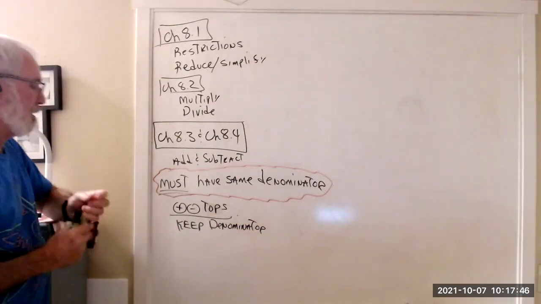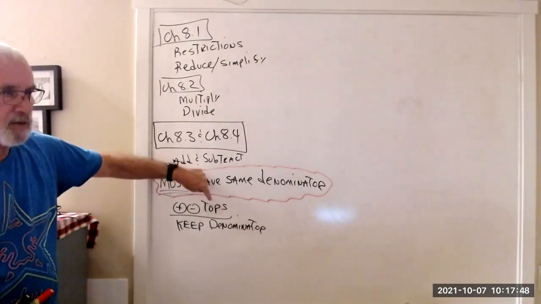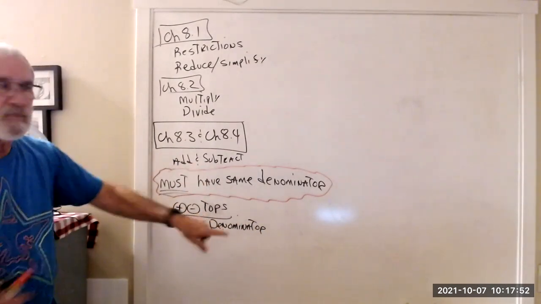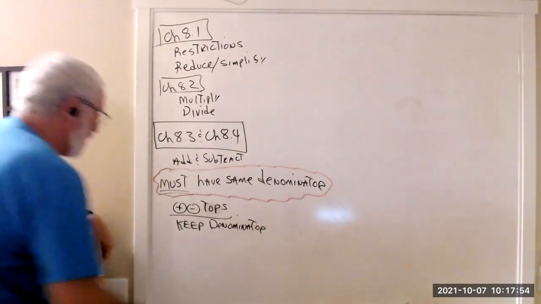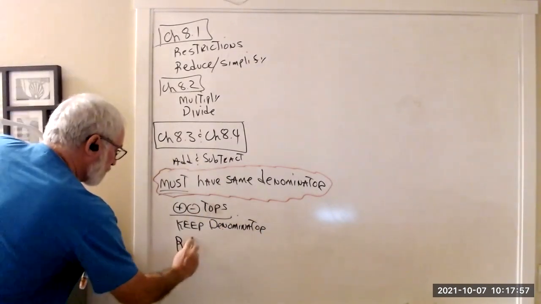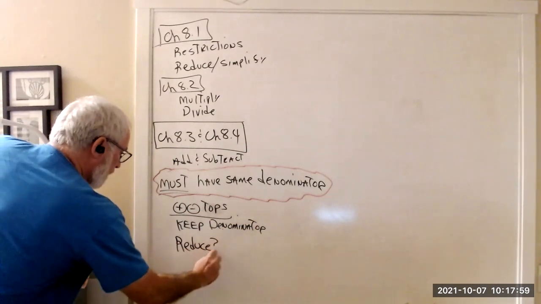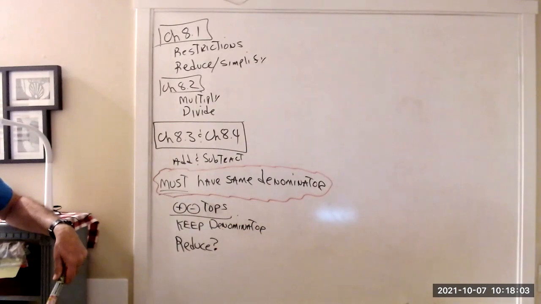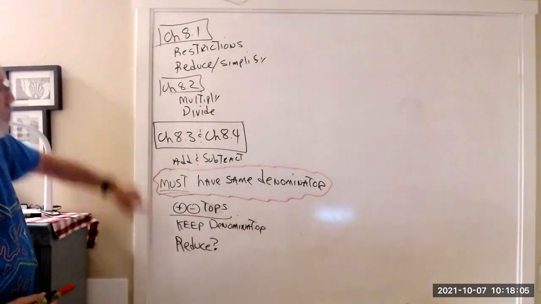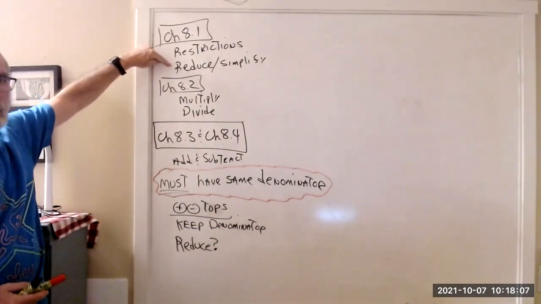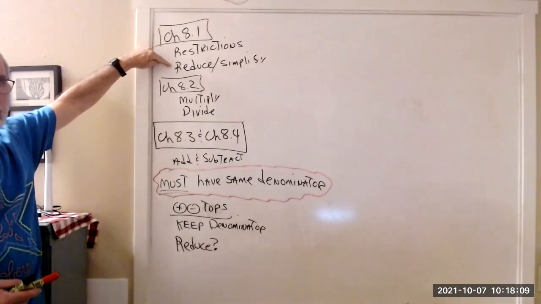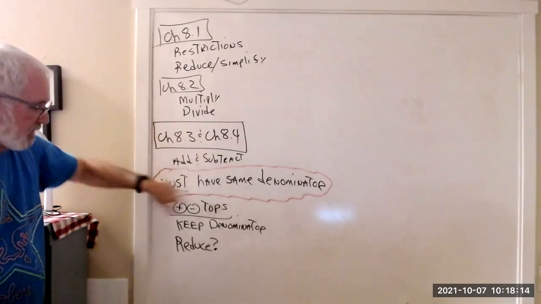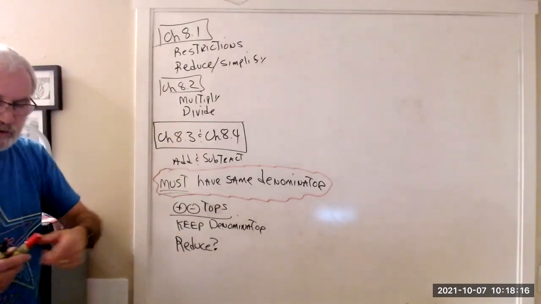So you added and subtracted the tops together and you keep the denominator, whatever it was, and possibly reduce. Not all fractions reduce, but now reduce comes up here. We've studied reducing in algebra. So now we're going to add and subtract, and it's possible that our answer reduces.